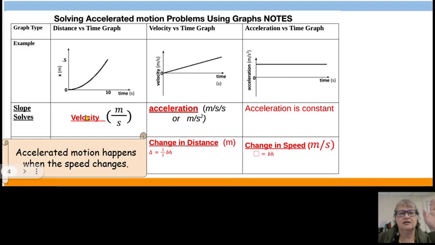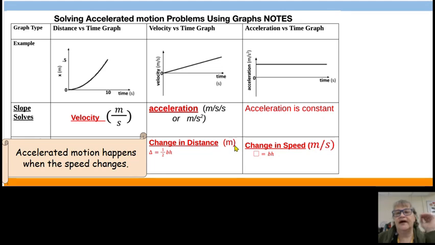Again, you're still going to use rise over run. On a velocity-time graph, that slope tells you the acceleration. And then the area is going to tell you the change in the distance.